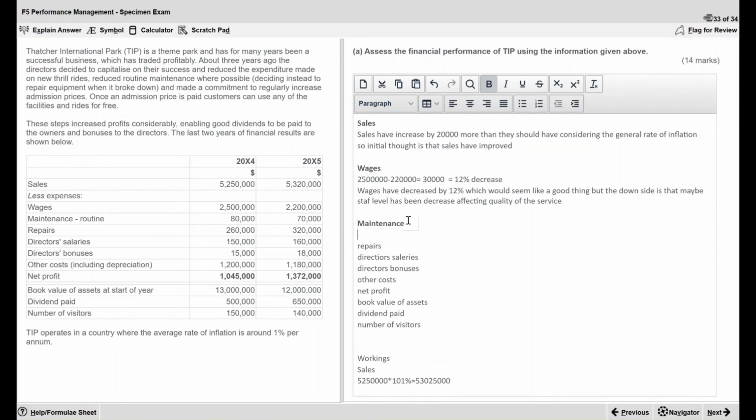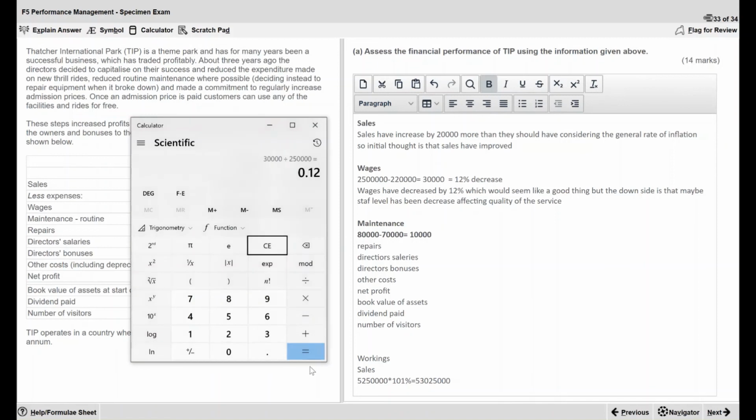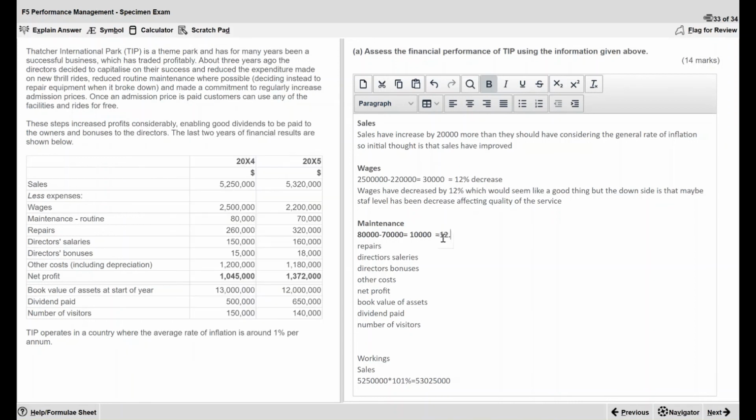Maintenance, 80,000 minus 70,000, 10,000 decrease. So 10,000 divided by 80,000 becomes about 12.5% decrease.